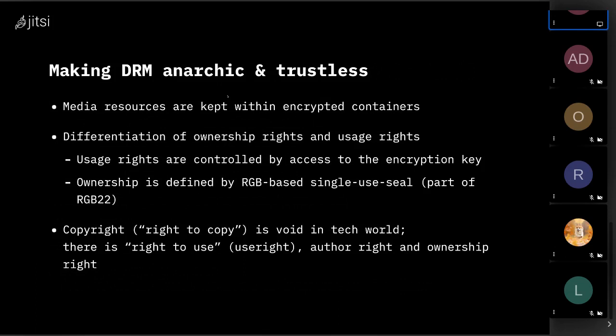First of all, because of the use of these data containers external to the RGB smart contract data, we are able to encrypt those containers such that while you will still be distributing them over the network, like the Lightning Network and Bifrost, they will be distributed in an encrypted form, and only the owner of the NFT token or those parties to whom he sells the usage right will be able to decrypt and access the content of the NFT token.